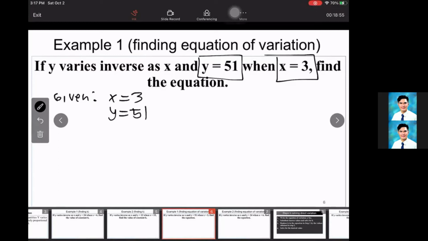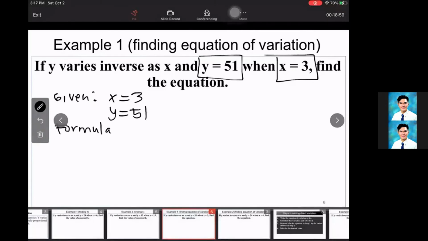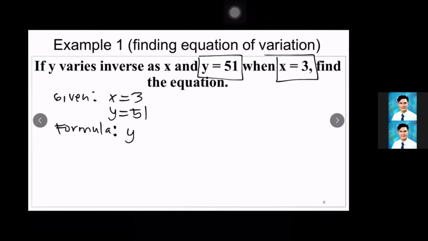Next, let us write the formula. For our formula, we have y is equivalent to k over x. Next, substituting the given to our formula, it will become the solution.